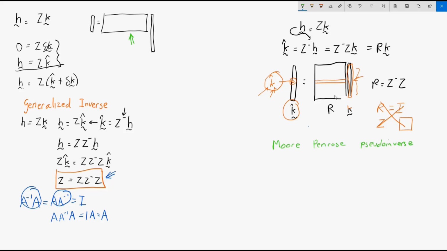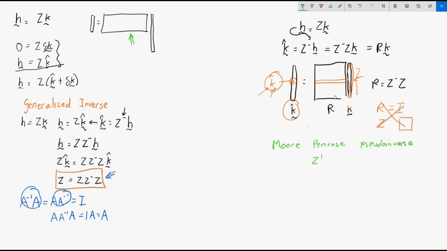It can be shown that if I have an ill-posed inverse problem, out of all the generalized inverses that allow me to get various non-unique k hats, there is one generalized inverse which gives me a special k hat. The k hat that I obtain in using this inverse is unique. The generalized inverse itself is unique. And it obeys a set of equations which give it a certain amount of symmetry. These equations are as follows.